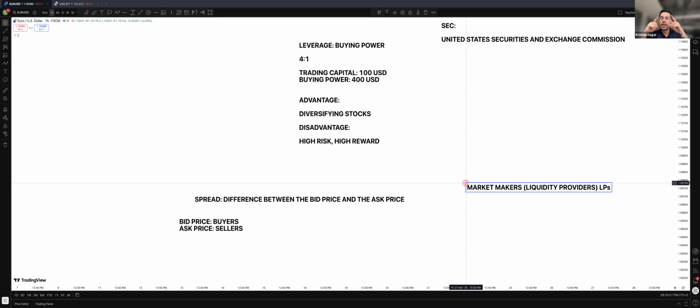The price difference between the buyer and the seller is technically the spread. Let's say your selling price is $100, but my buying price is $90. The spread is $10. So spread is very different. I hope that's clear.